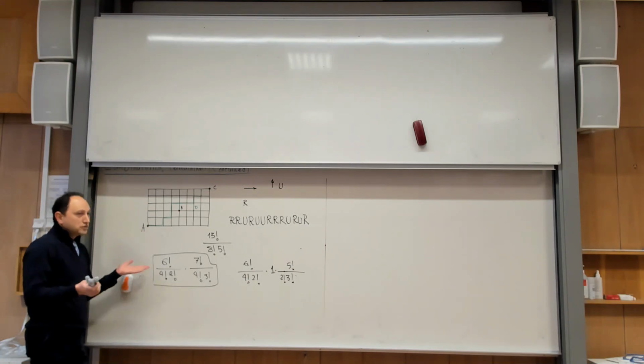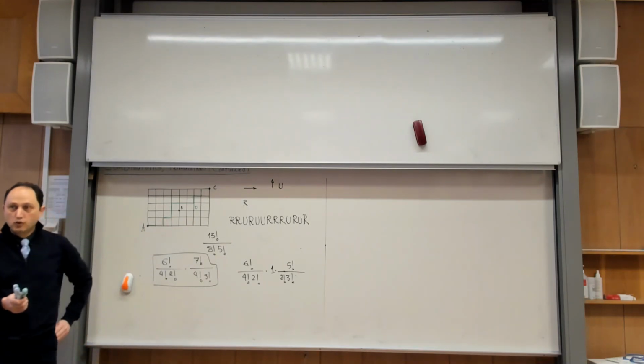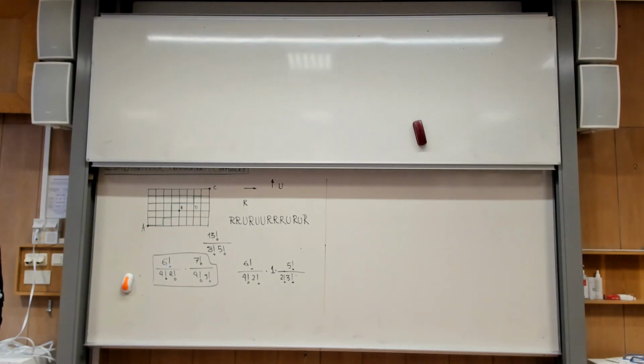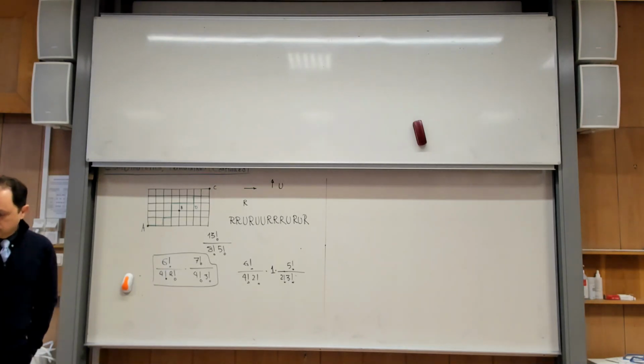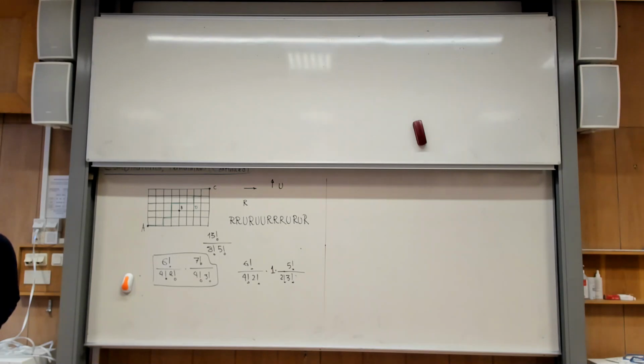I want to go from A to C with the same constraint of moves, but I want to avoid B. Any ideas?